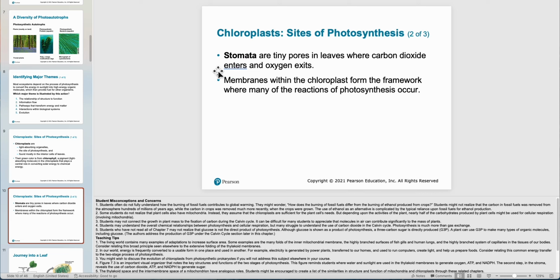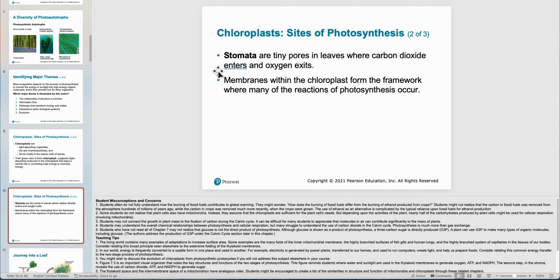Now the next two terms I'm going to share with you are very close in spelling, but they are two different things. So the one I'm on first is called stomata. Stomata.